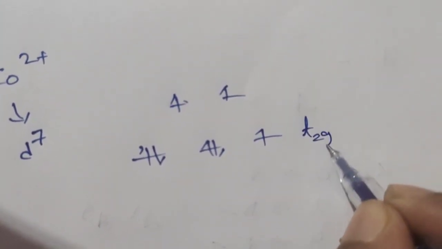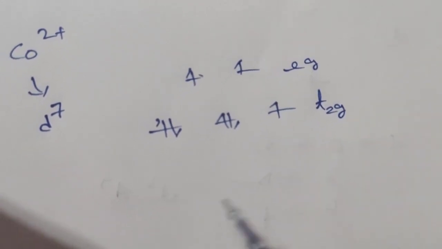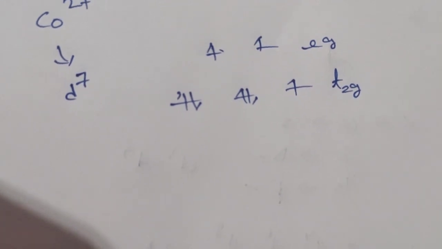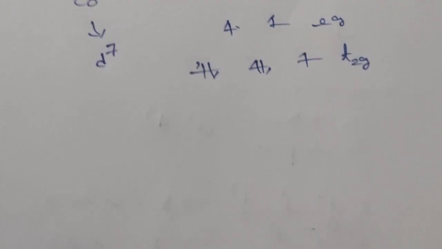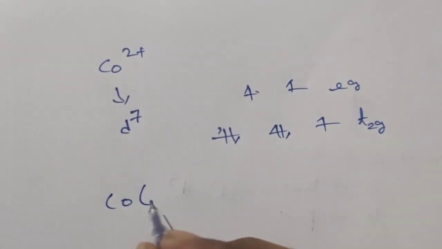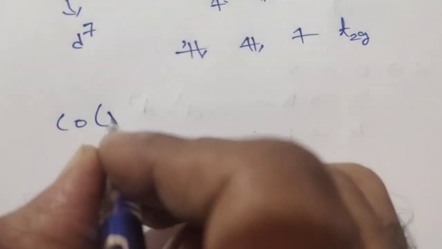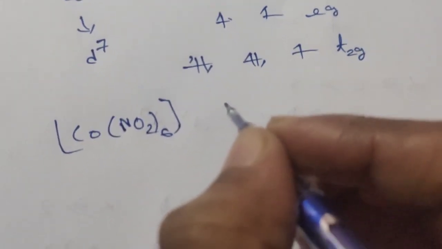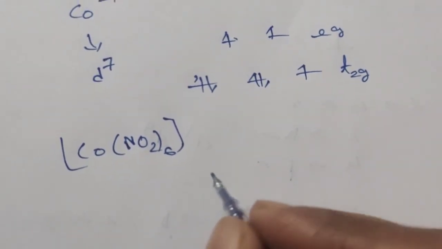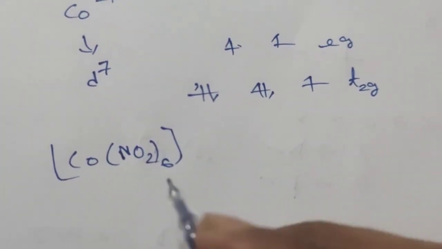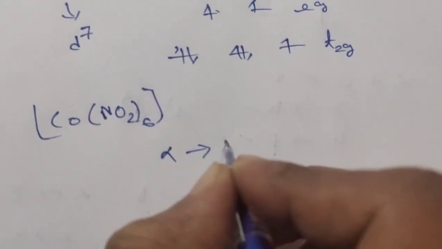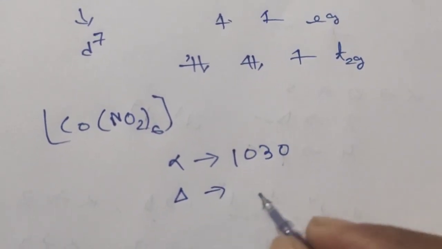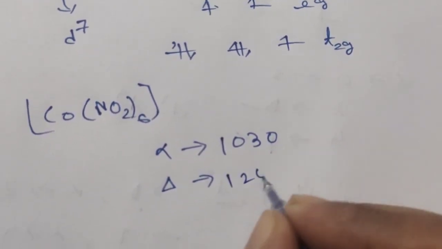Here we can see the t2g levels are unevenly filled, so there will be some contribution towards the overall magnetic moment. For this compound of cobalt, the value of alpha is given as 2, lambda is 1030, and delta is 12,000.